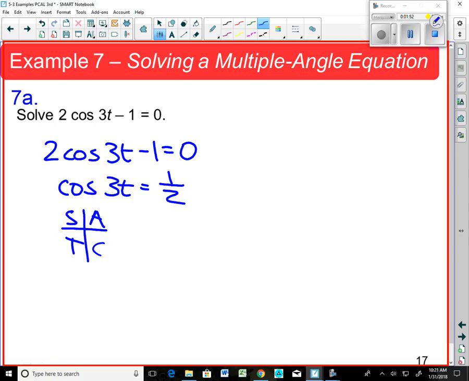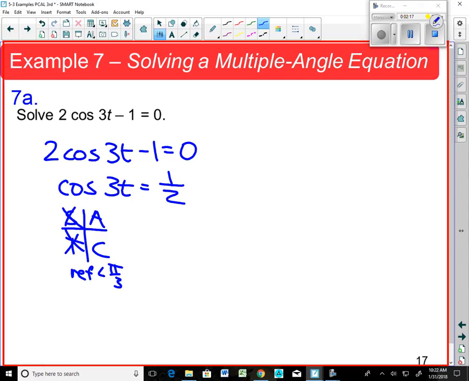All students take calculus. When is the cosine equal to 1/2? Pi over 3. So our reference angle is pi over 3, and you're responsible for just knowing that table of values. Cosine was positive, so we could be in the first quadrant or the fourth quadrant for this problem.